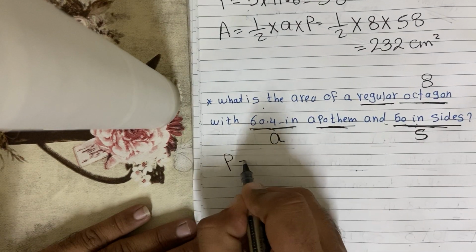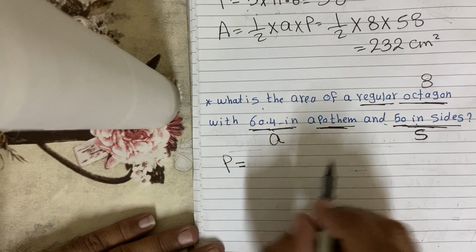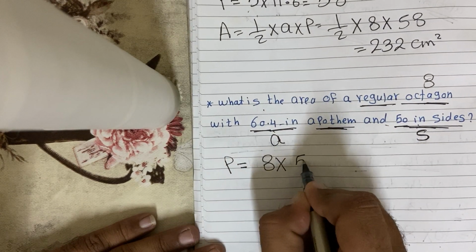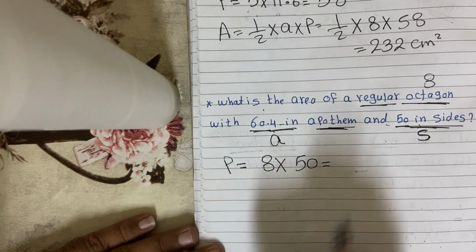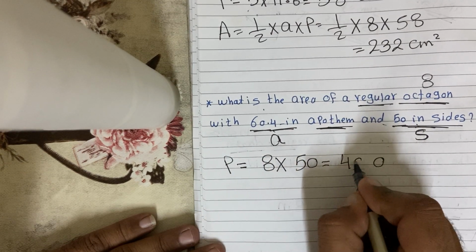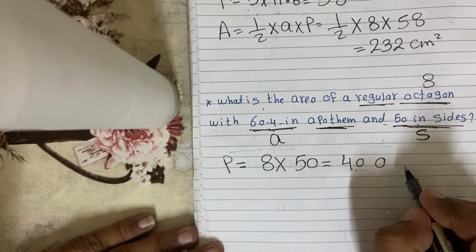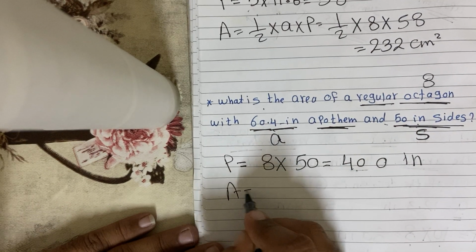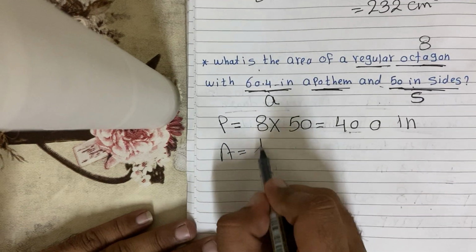First, we need to find the perimeter of the polygon. Because it's an octagon, it will be 8 times 50. 8 times 50 is 400 inches.